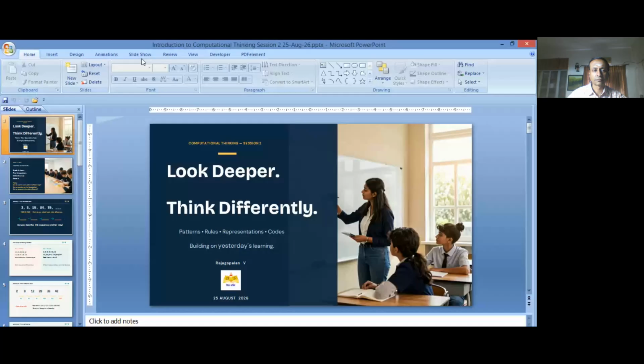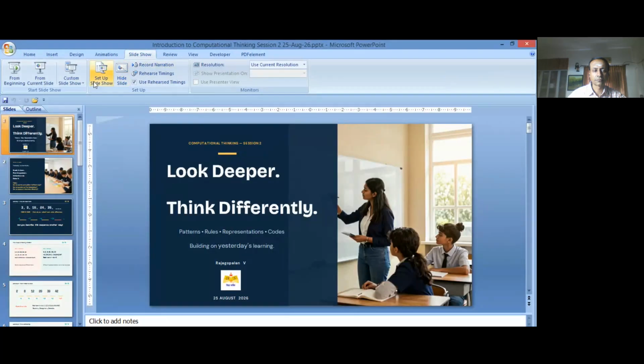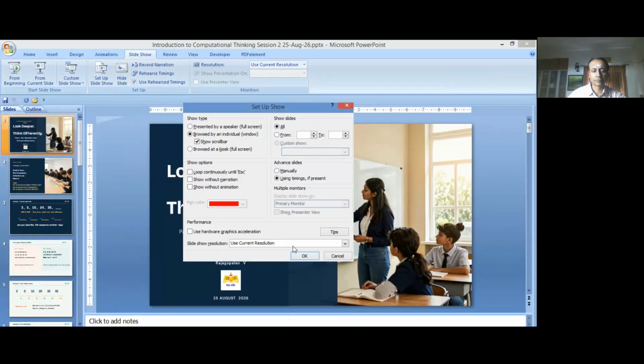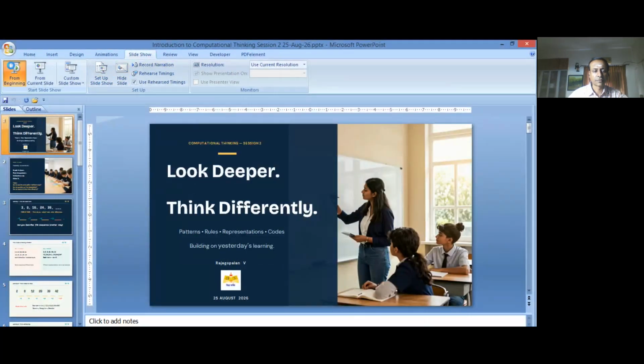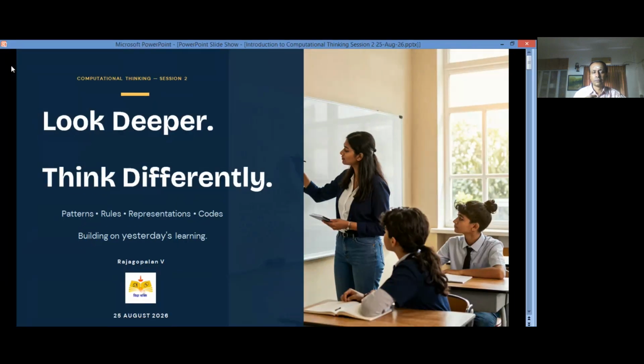So we will move on to today's topic. I'll share my presentation. So today, let us take a deep dive into computational thinking.